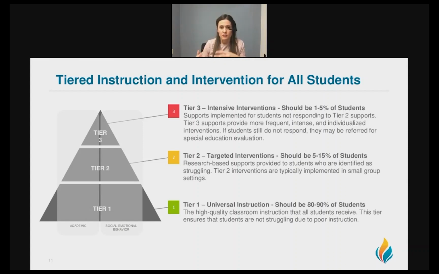Then moving into the tier 3 level, we typically see 1 to 5% of our students need some supports, and those are the most intense. So the greater the need for the students, the more intense our alignment, services, and instruction should be.